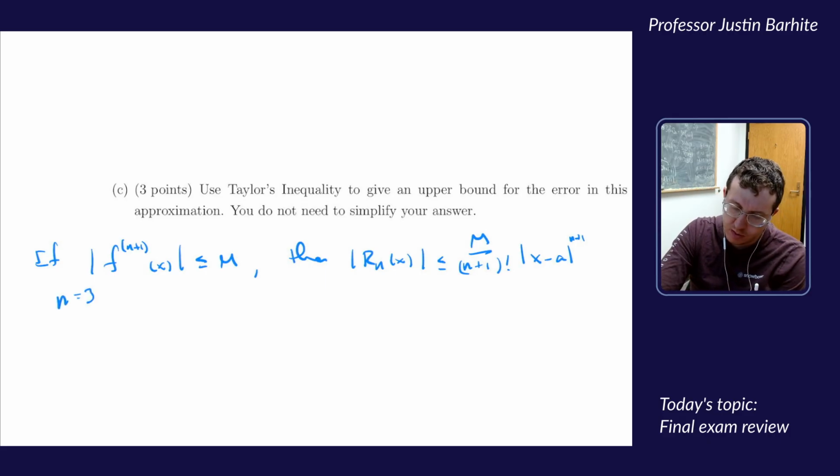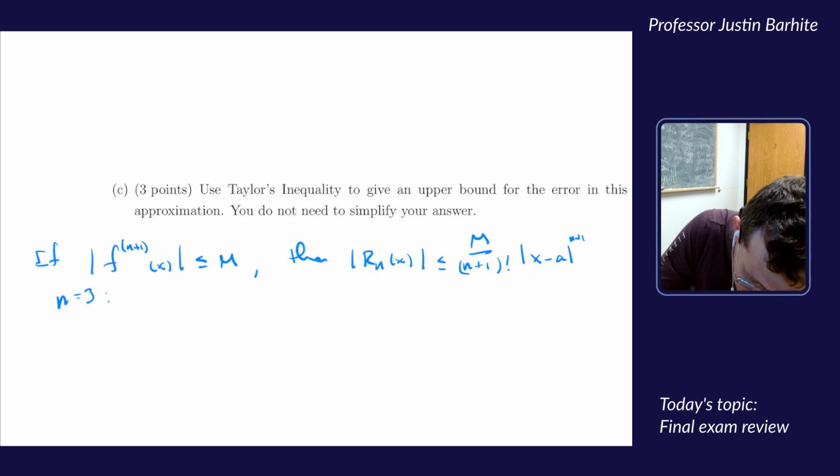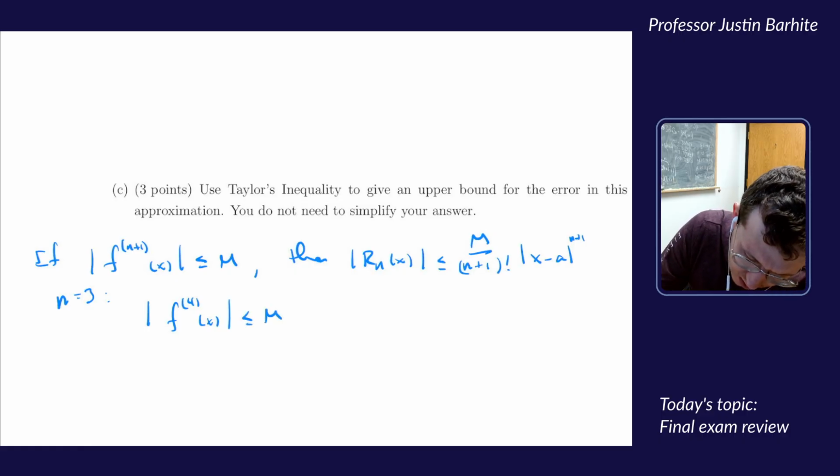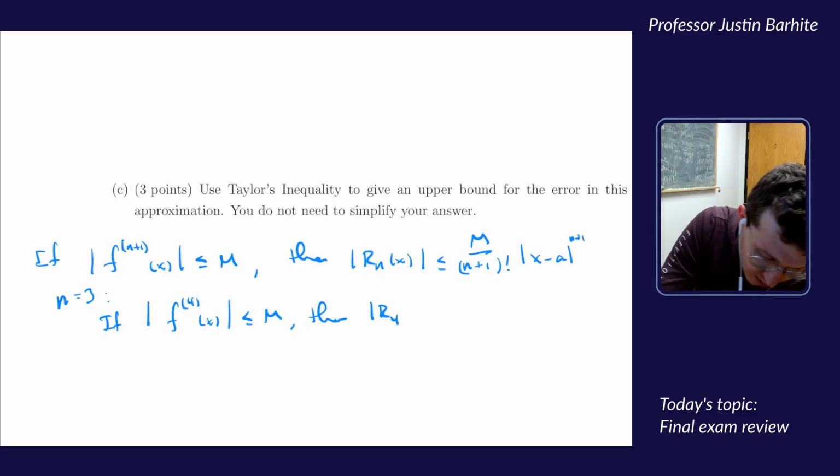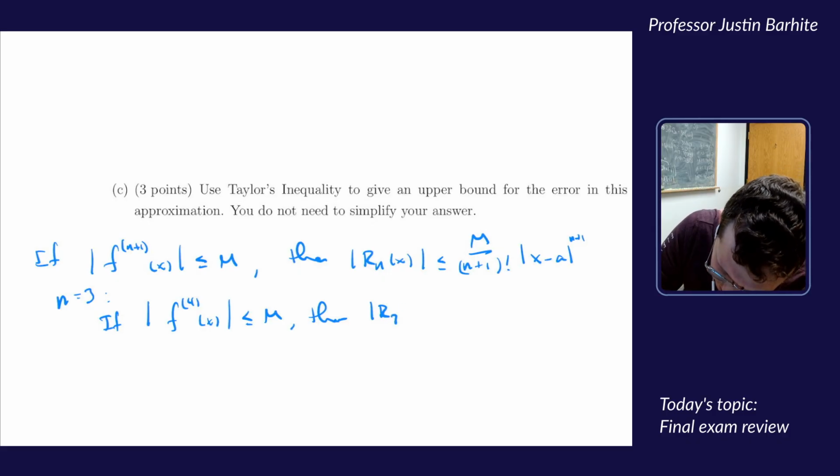We're using the third degree Taylor polynomial, so the fourth derivative of x is going to be bounded by a constant, and that would tell us that the error in using the third degree Taylor polynomial is bounded by this.